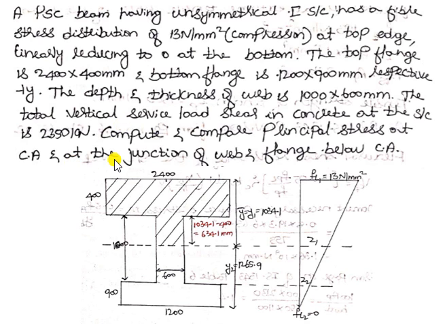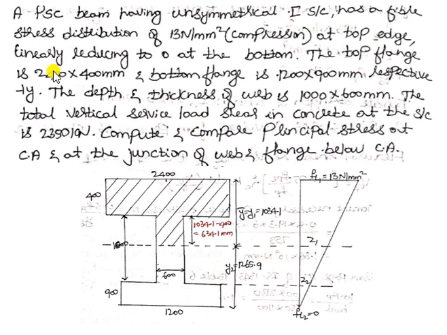So here it is asked to calculate the stresses in the member, that is shear stresses in the member along the centroidal axis and at the junction of the web below the centroidal axis. So I should calculate the stress at this portion at the centroidal axis and also at this portion, that is at the junction of a flange and a web.